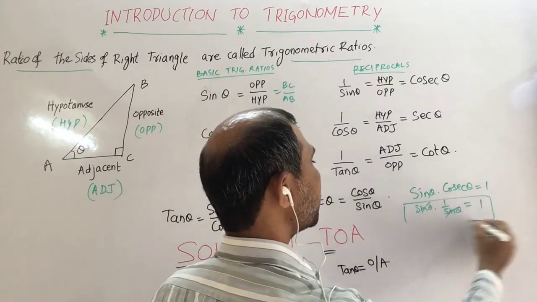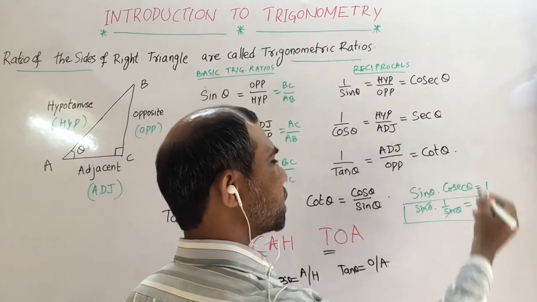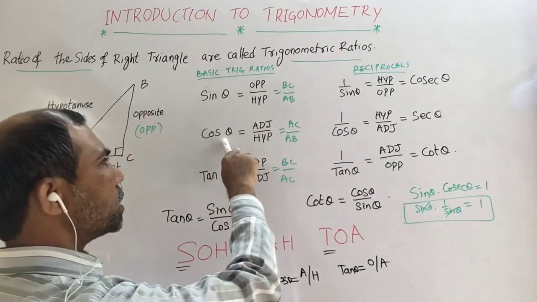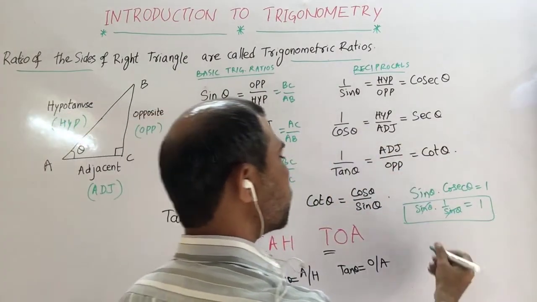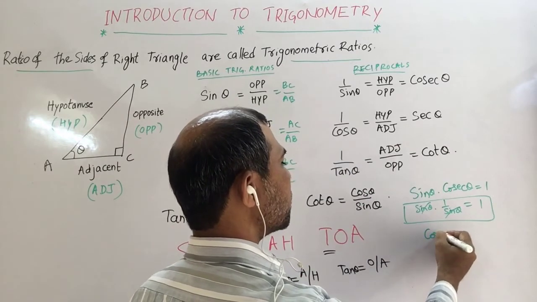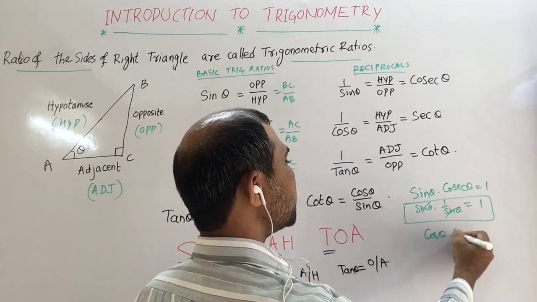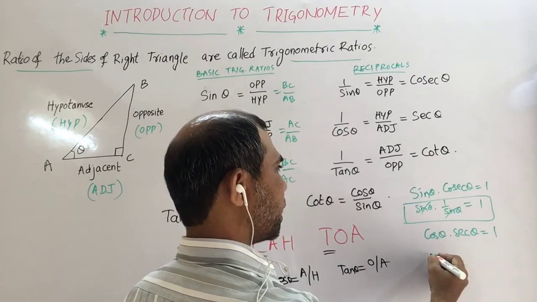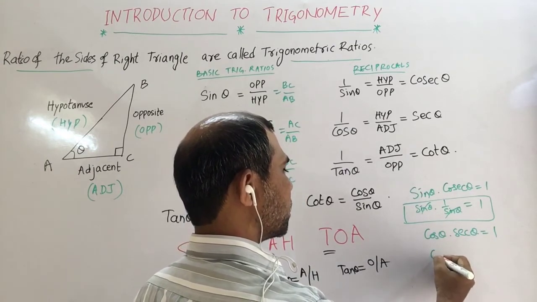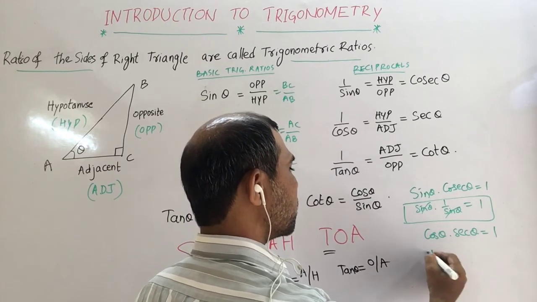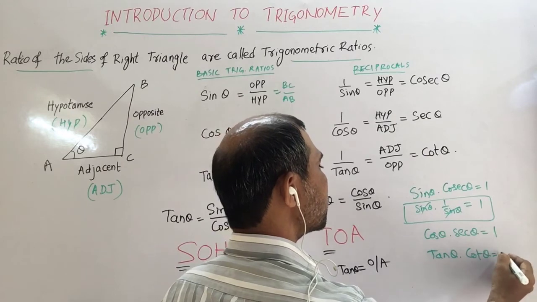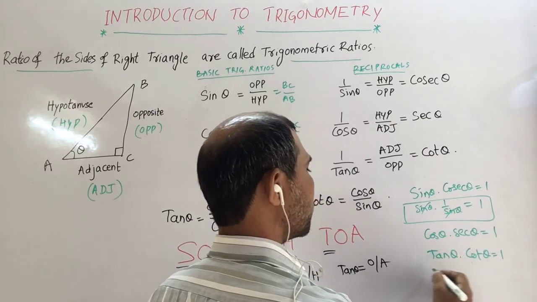That way sin theta into cosecant theta is 1. Similarly, cos theta multiplied by secant theta is also 1, and at the same time tan theta into cot theta also equals 1.